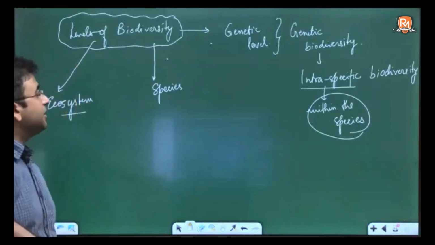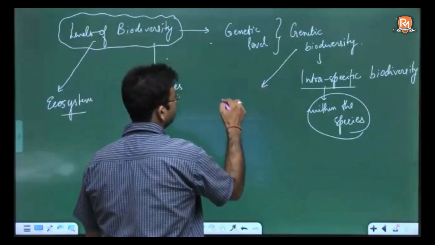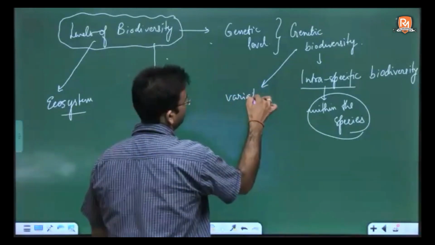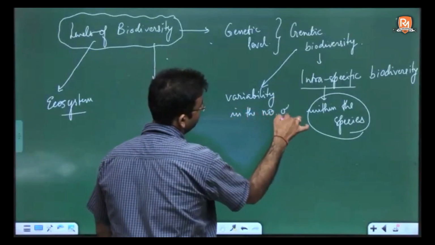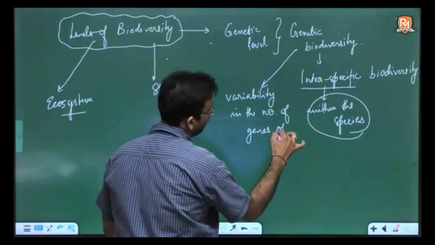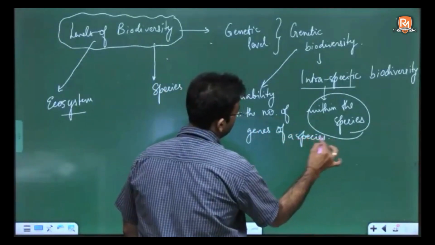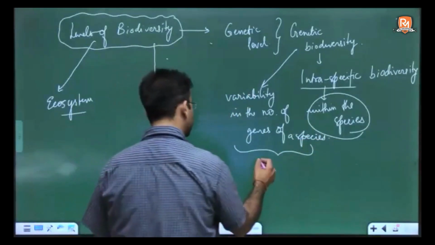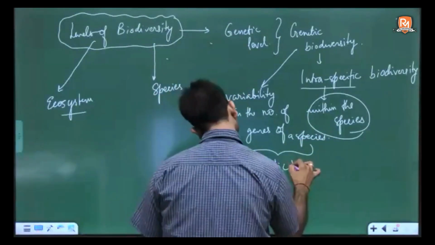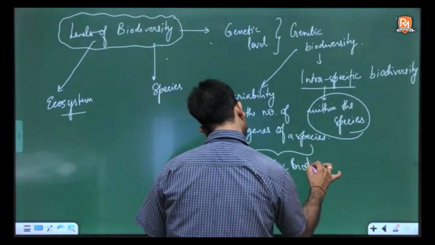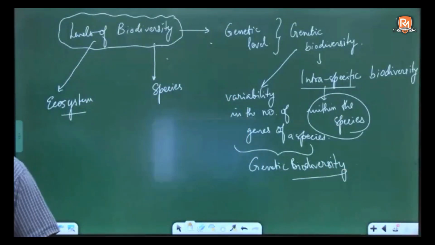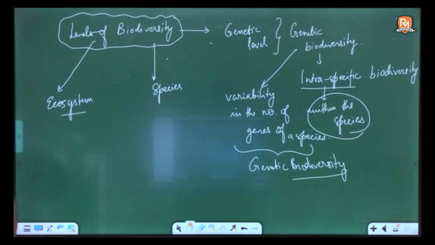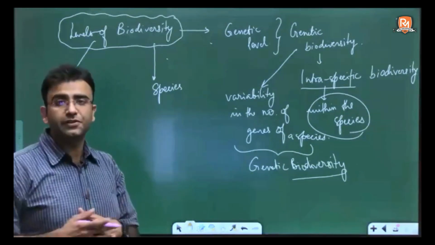Within the species, variability at the level of genes, variability in the number of genes of a species, is known as genetic biodiversity. So what is genetic biodiversity? It is the variation in genes within a particular species, or the variability in the number of genes of a particular species.